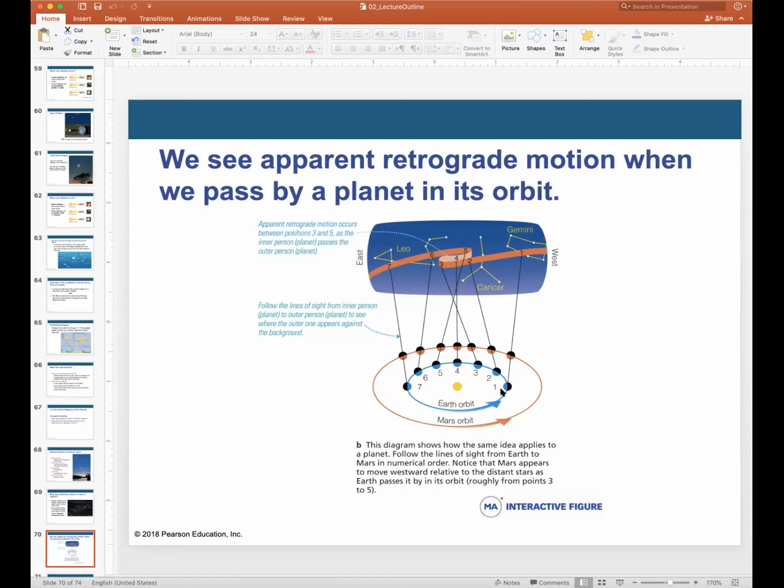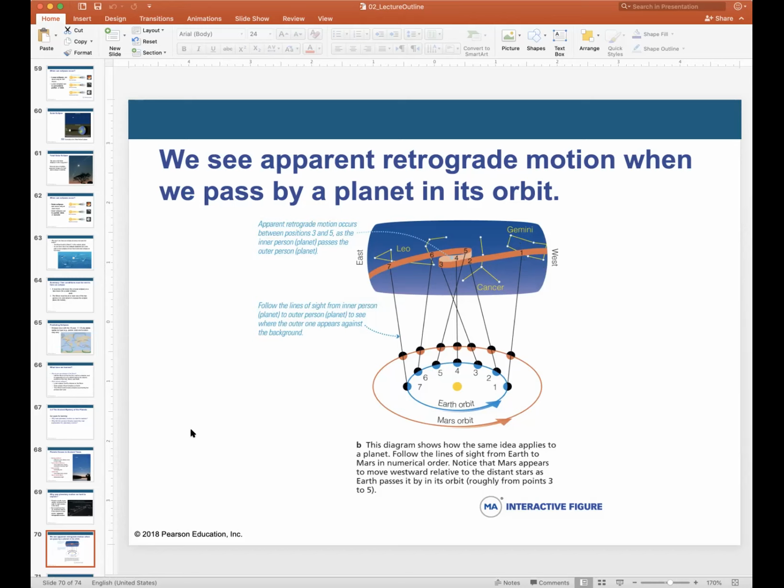It's because it's exactly about the time that Earth passes Mars in its orbit. So going from 4 to 5, we see Mars at point 5, and then 6, 7, we see it in this position. So it started from west, 1, 2, 3, and then it went to east, but it went back to west again, and now at point 5, it's going back to east again.